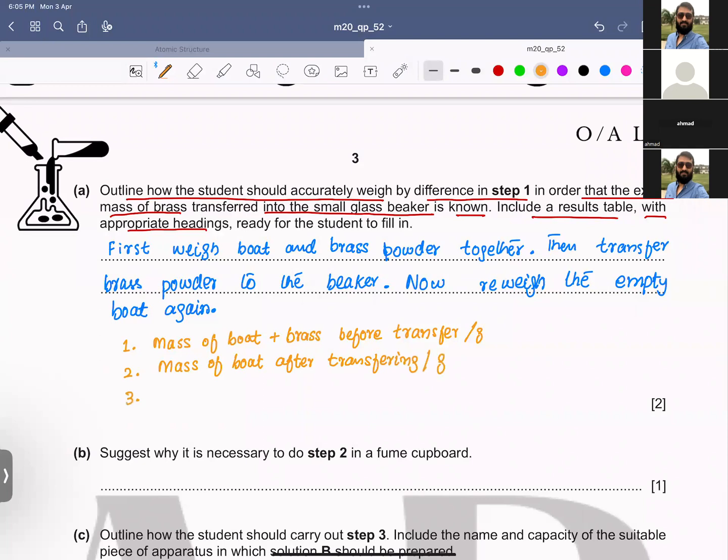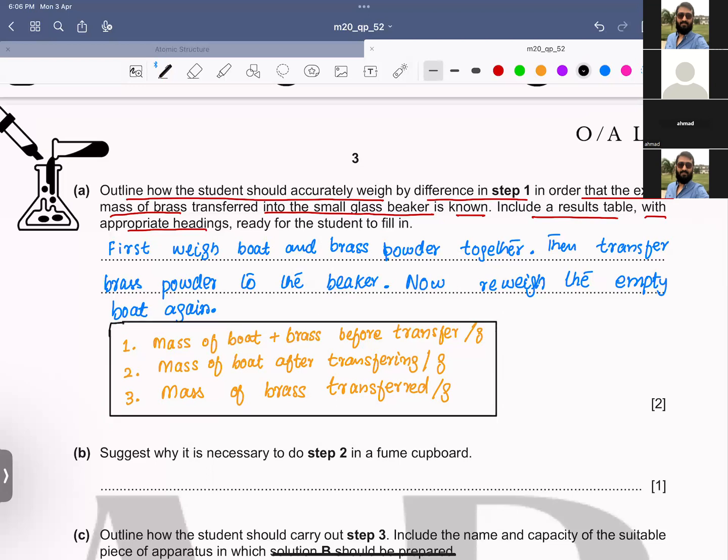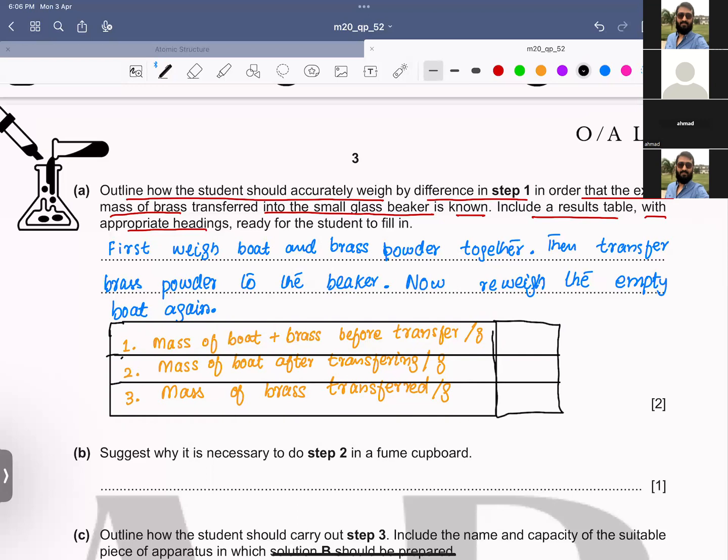And third, mass of brass transferred, in grams. So it would be like this. You have to make the table as well.